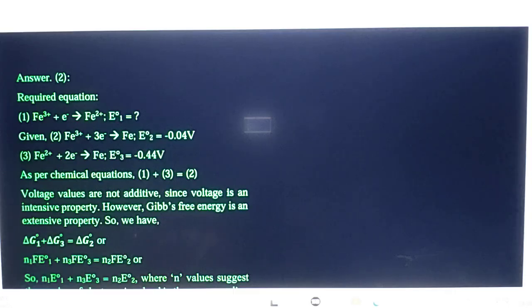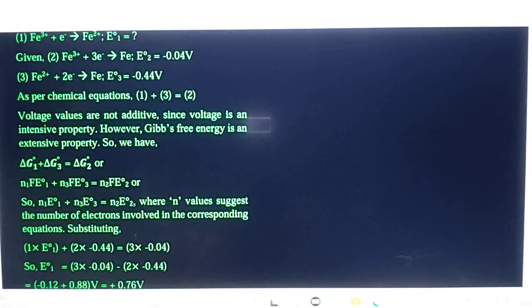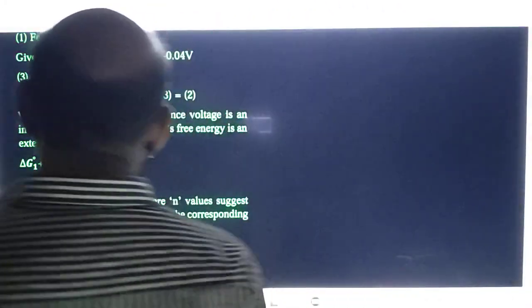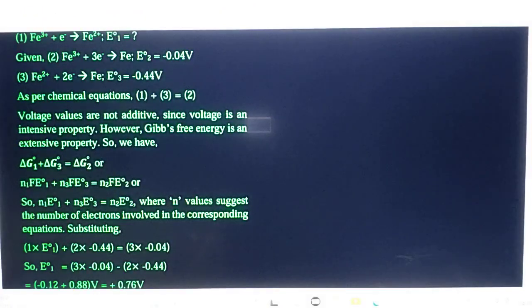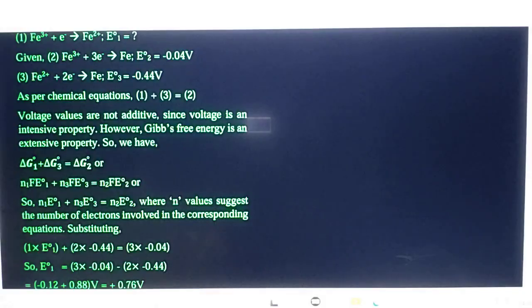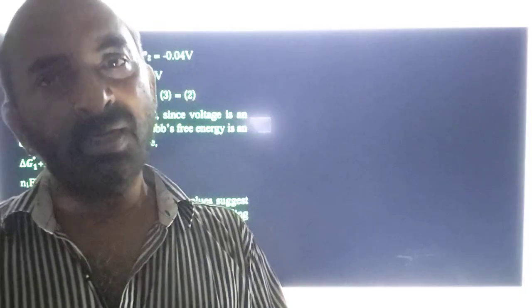As in thermodynamics, when two equations are added, we add the enthalpy changes also, isn't it? Here we cannot directly add the voltage values like enthalpy, because voltage values are not additive. Instead, free energy changes are additive. For a particular cell, its delta G values are additive.